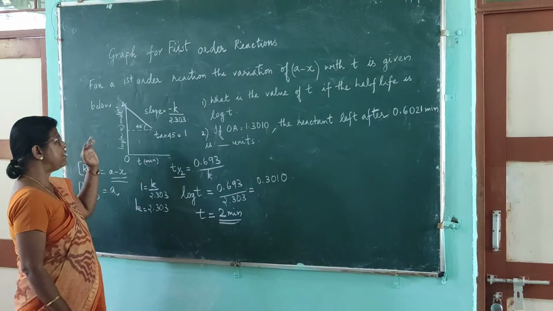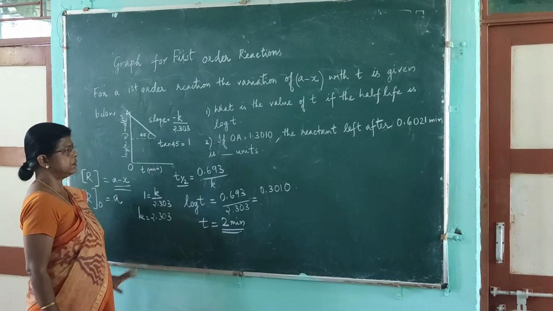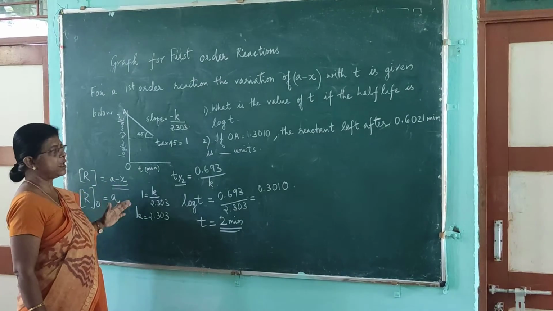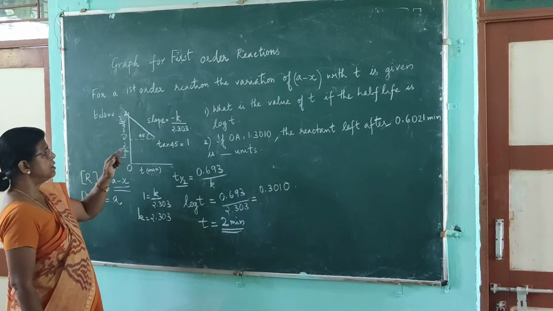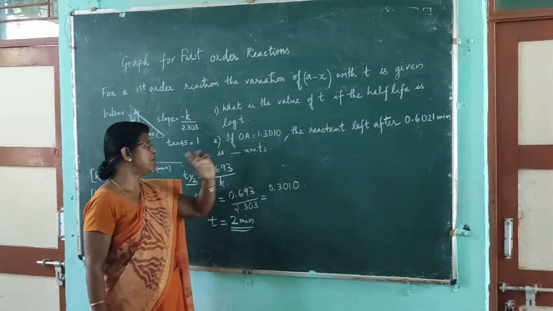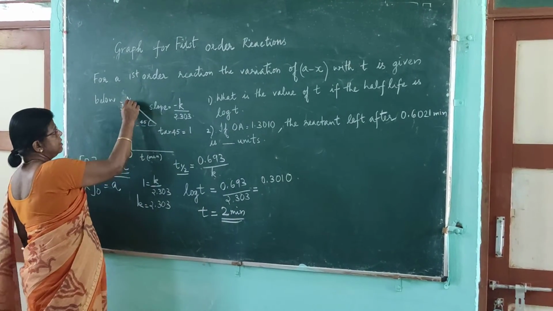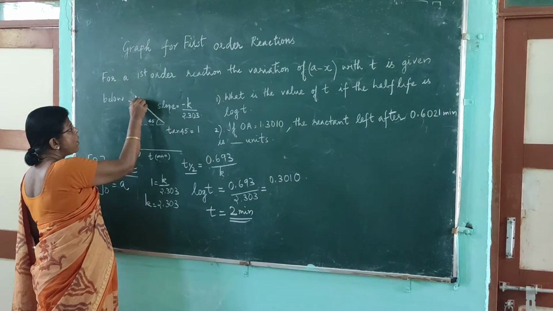Now, the first part of the question is over. Coming to the second part: if OA is 1.3010. What is this point A?